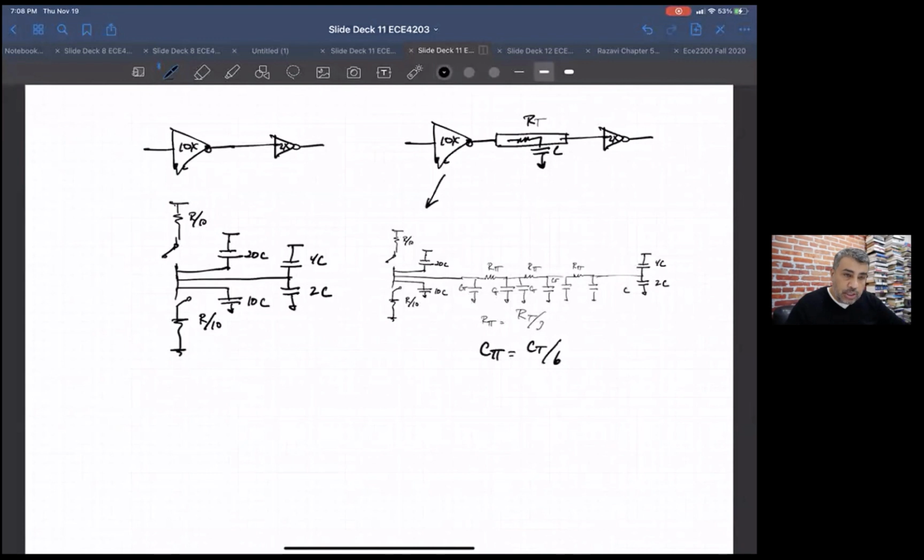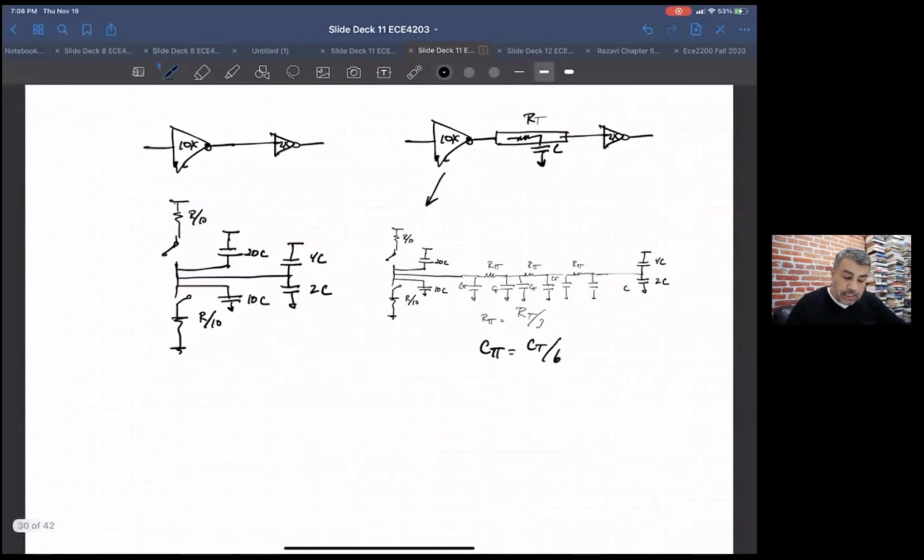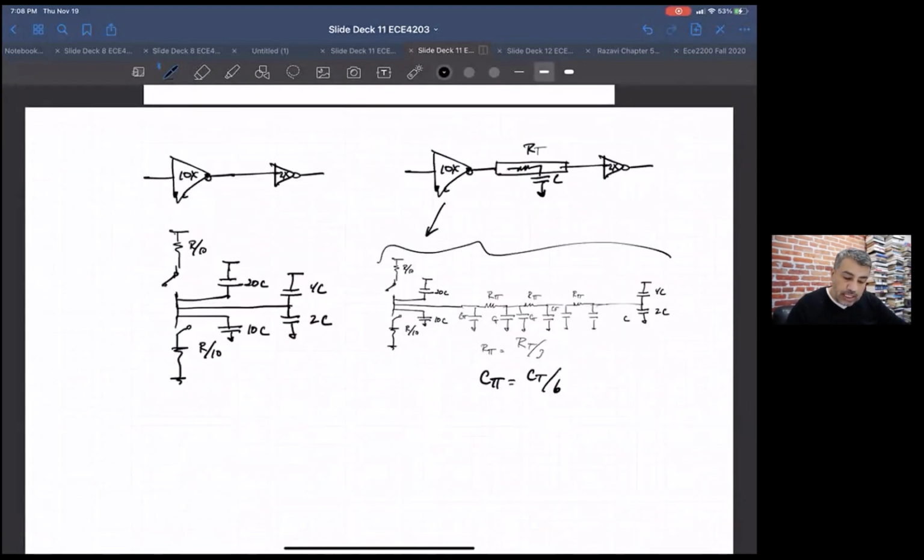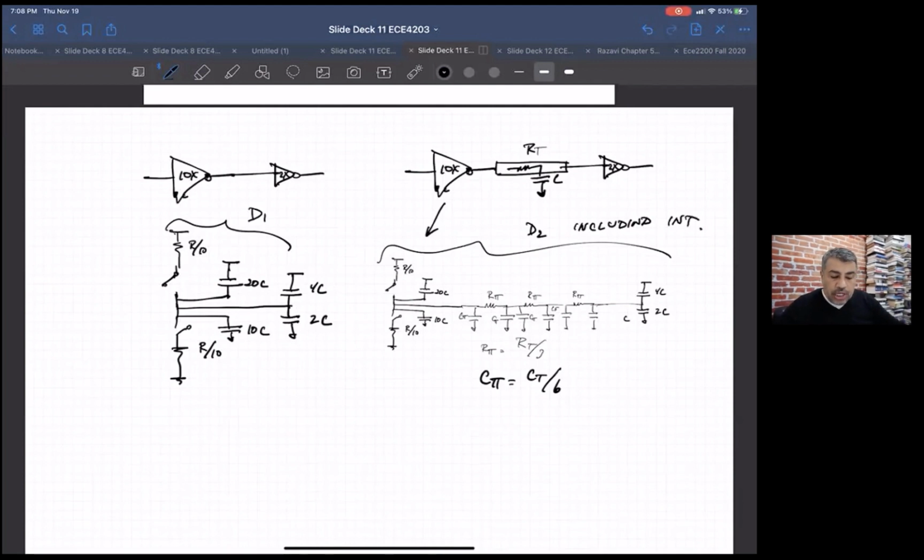Everybody with me? Any questions? So then basically the delay would be adding the delay, just the same way you do it here. So delay 1 without interconnect, this is delay 2 including interconnect. And whether interconnect causes a significant delay or not just depends on the RC values or how much interconnect you have in between.